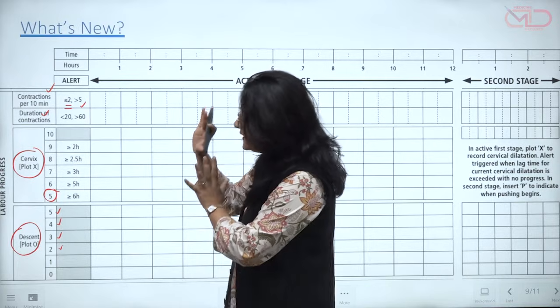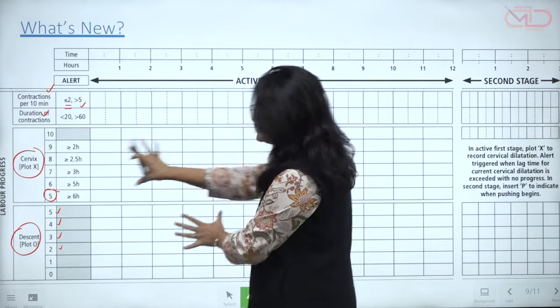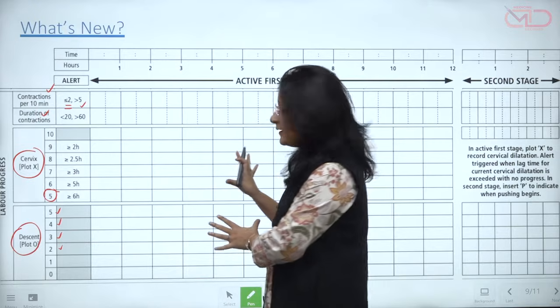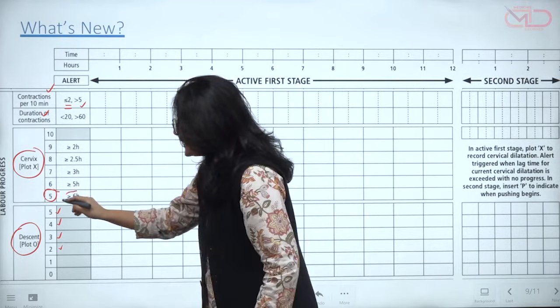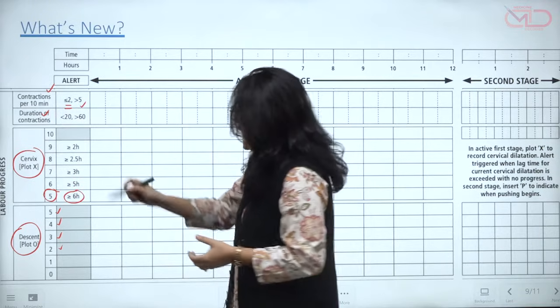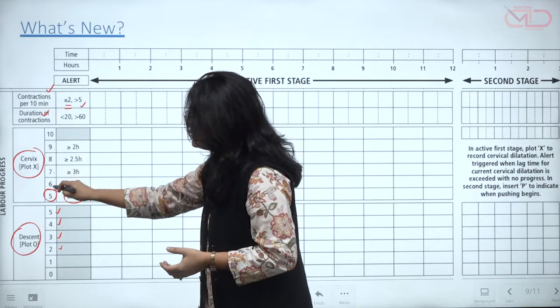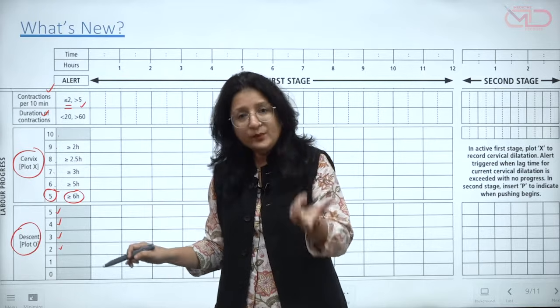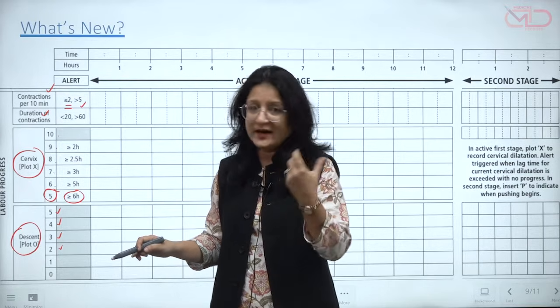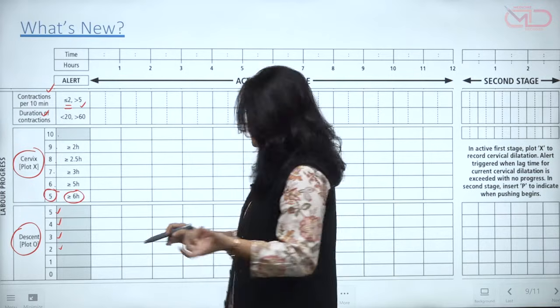And what is particularly important to note here is that there is no action or alert line at all. Instead we have specific time-based thresholds at each centimeter of cervical dilatation defined to label as non-progress or slow progress or a rest, right?